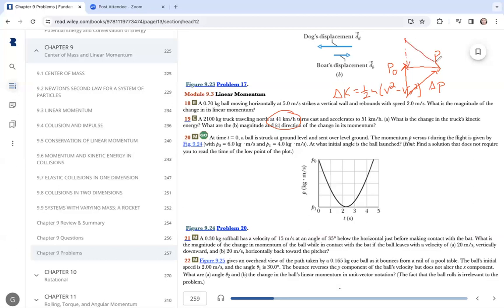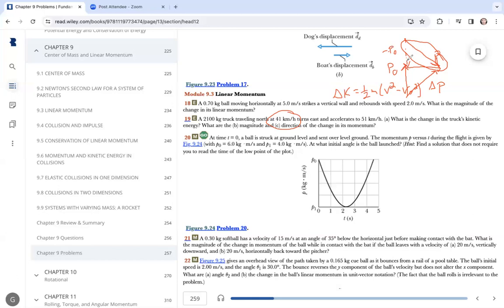So I'm sorry, this would actually be your delta P. That'd be P minus P naught, right? That's minus P naught right there. So that vector's magnitude here would be the change in momentum, okay?